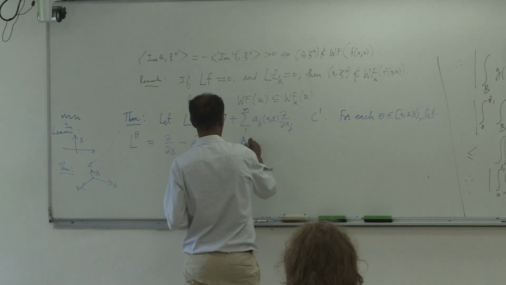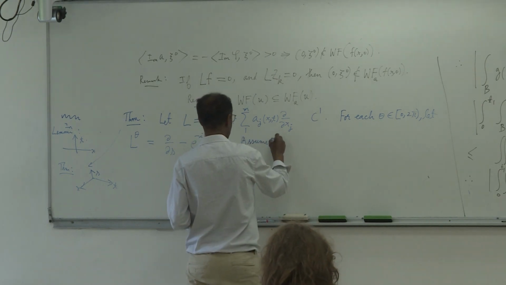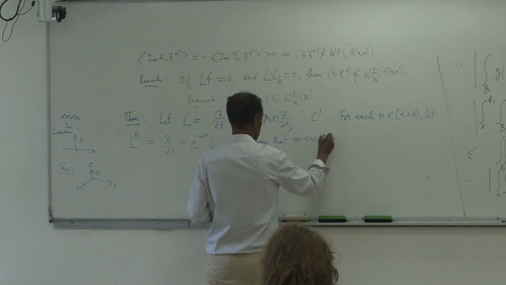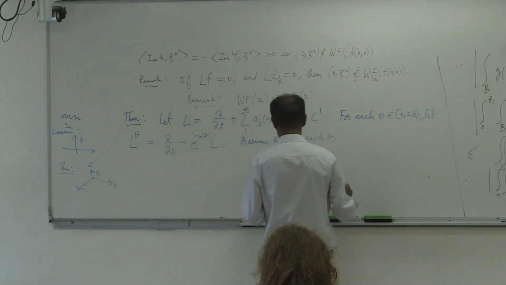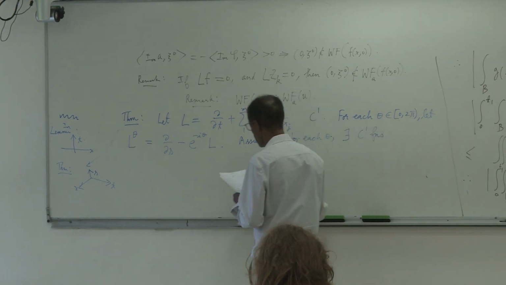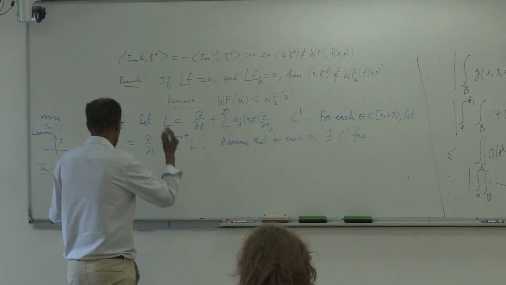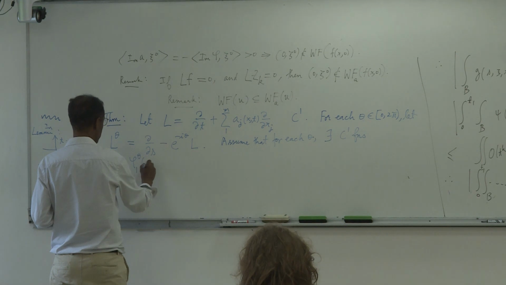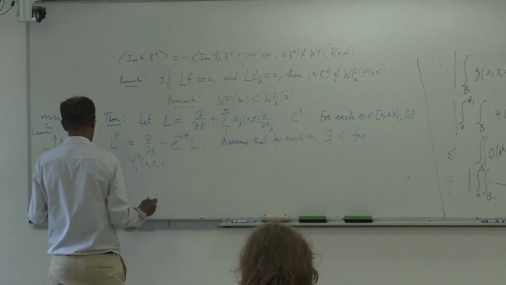So assume that for each theta, there exist C1 functions. This is the same kind of assumption as before. Let me call them phi1 theta, through phi m theta, functions in XTS.